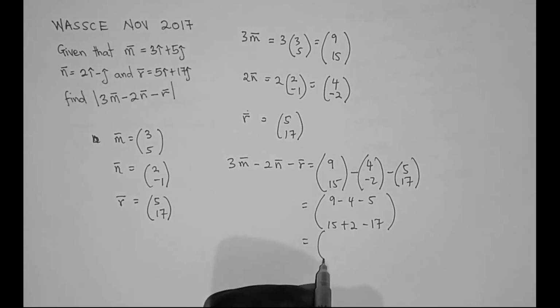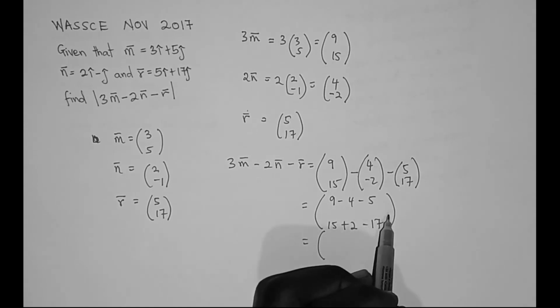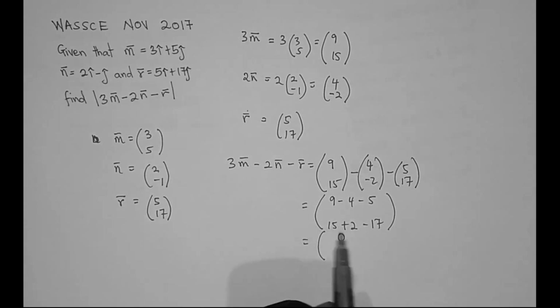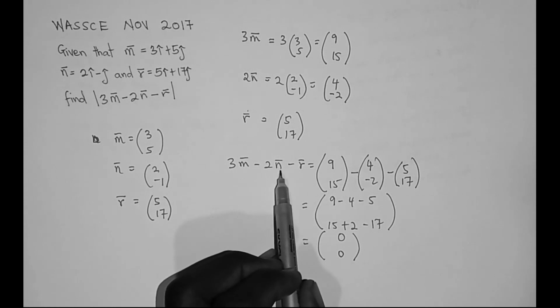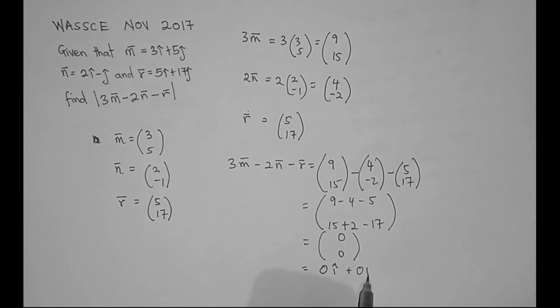This is equal to 9 minus 4 is 5, 5 minus 5 is 0, then 15 plus 2 is 17, 17 minus 17 is 0. So at the end of the day, 3m minus 2n minus r is equal to 0, 0. In other words, this could also be written as 0i plus 0j.